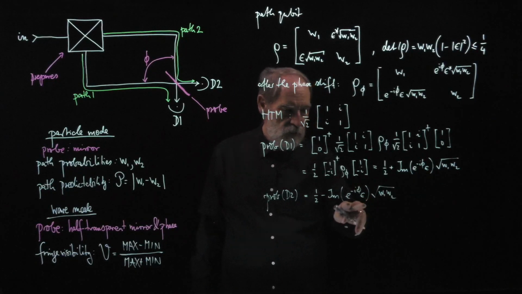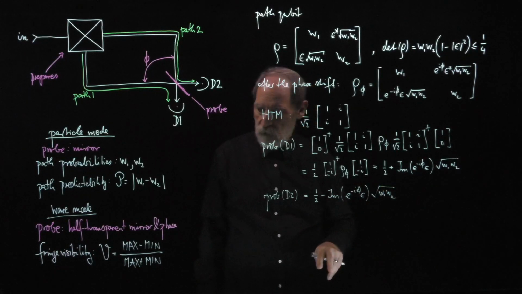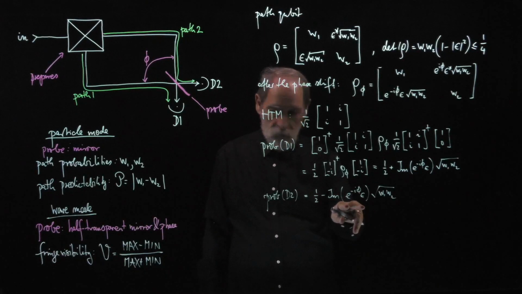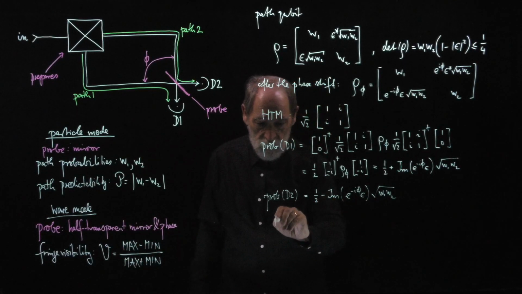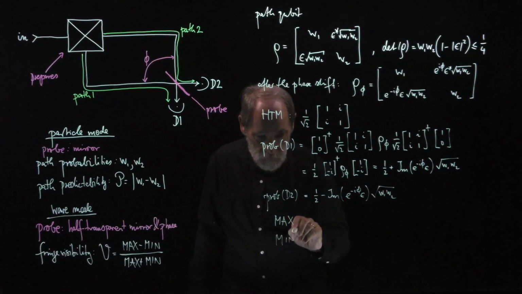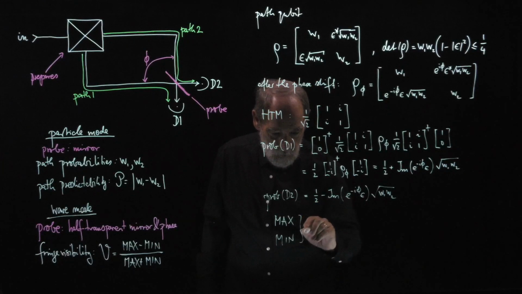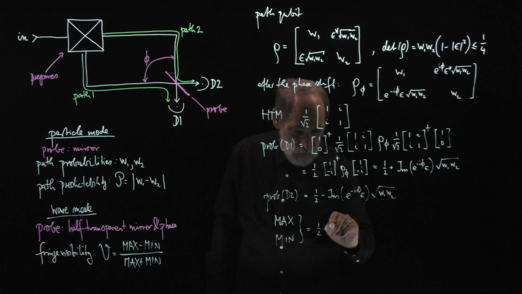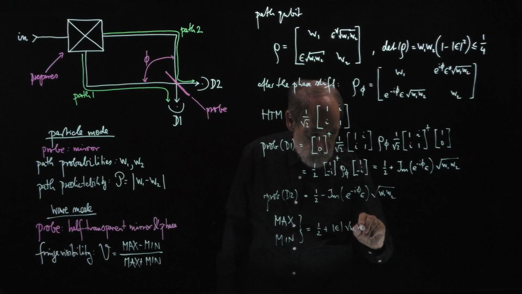So this phi dependence here and here, that's the interference pattern that we talked about earlier when we established the notion of the fringe visibility. And so what we will need to find the fringe visibility is the maximum and the minimum of these probabilities. In both cases, the maximum is half plus the absolute value of epsilon times the square root of W1, W2.